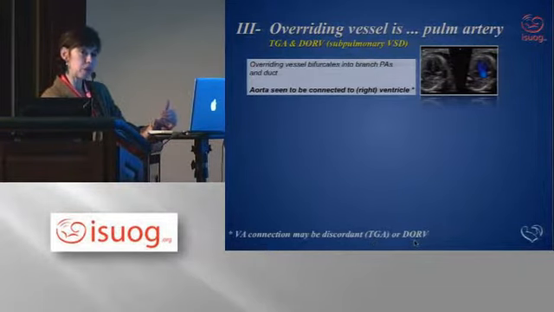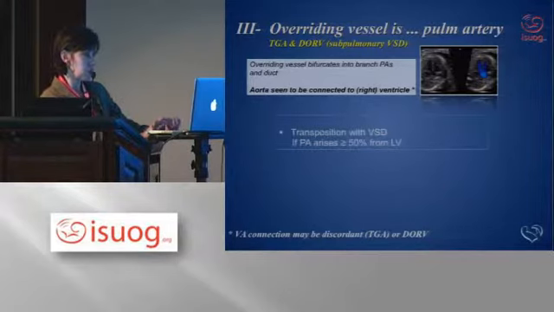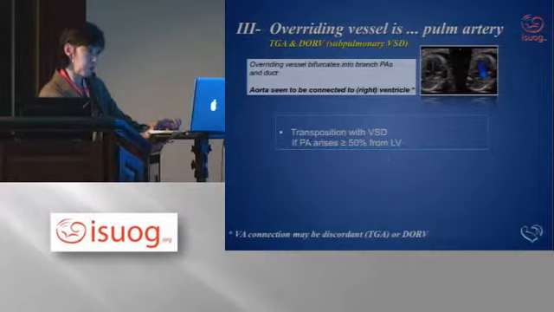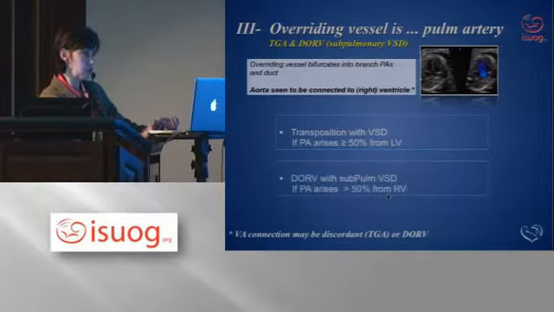Or if that pulmonary artery arises more from the right ventricle, more than 50%, then that becomes a double outlet right ventricle. It's just terminology that is used to describe it. So we can have transposition with VSD if the pulmonary artery is more than 50% from the left ventricle, or double outlet if it arises more from the right ventricle.